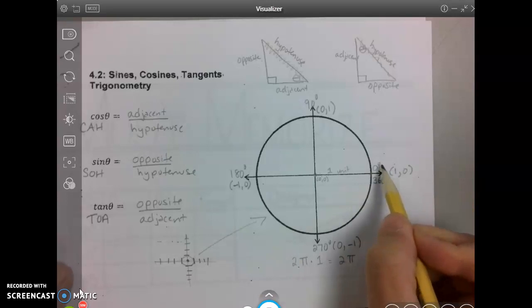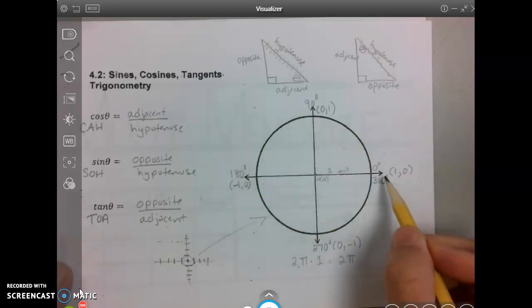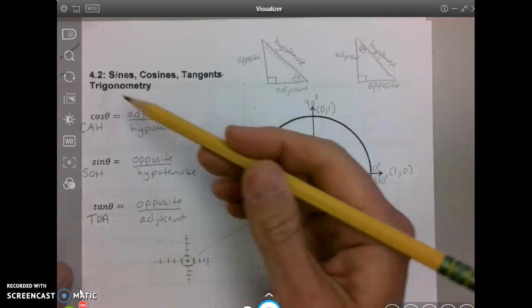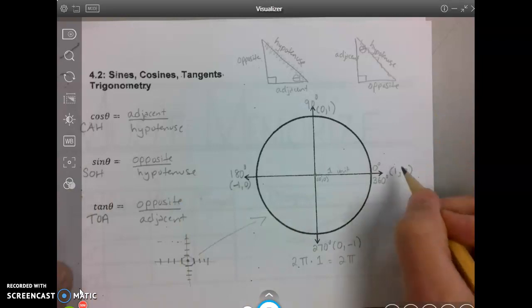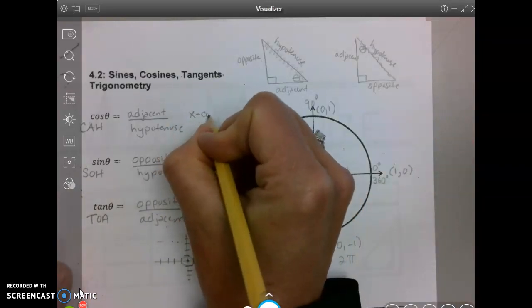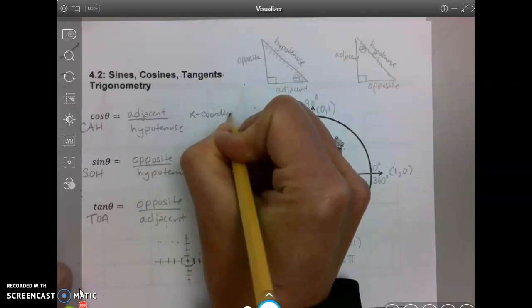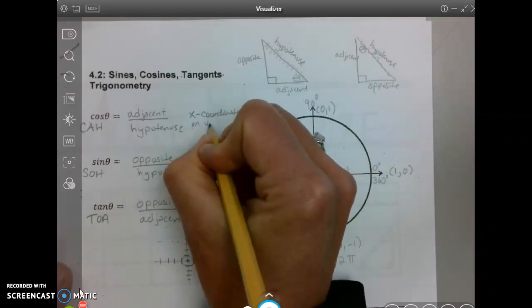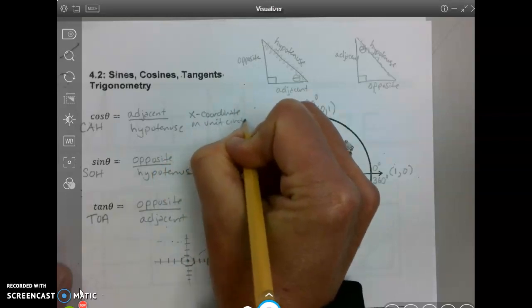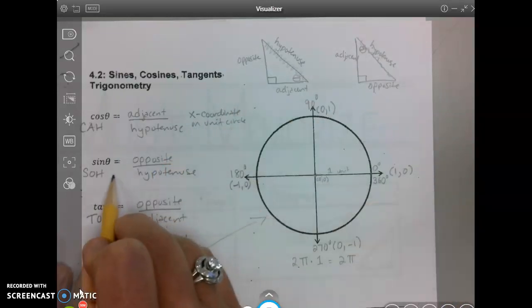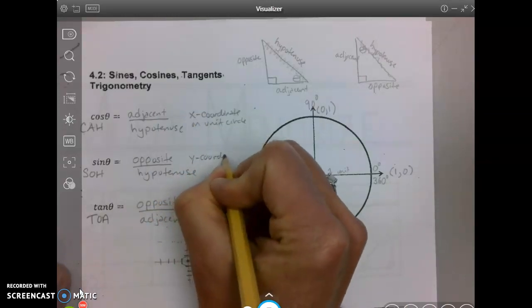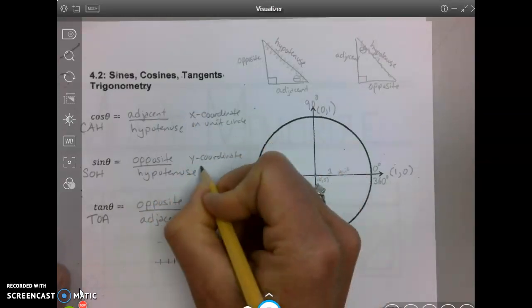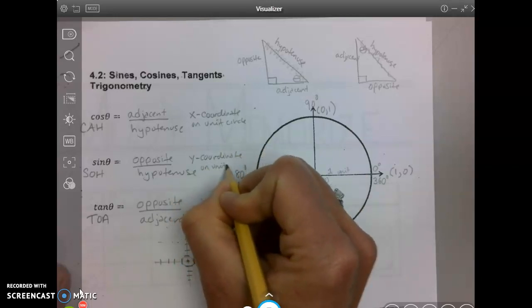For each one of these, and it's the reason I wrote these trig ratios as cosine, sine, and tangent, the x-coordinate on the unit circle is the cosine, and the y-coordinate on the unit circle is the sine.